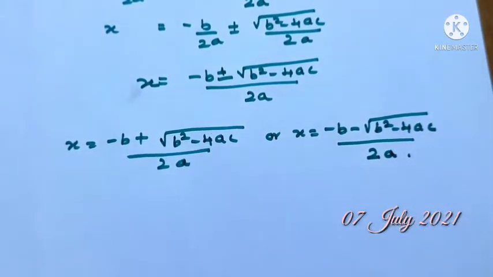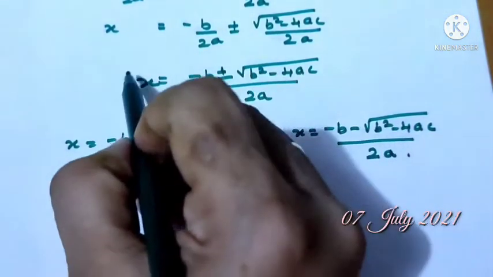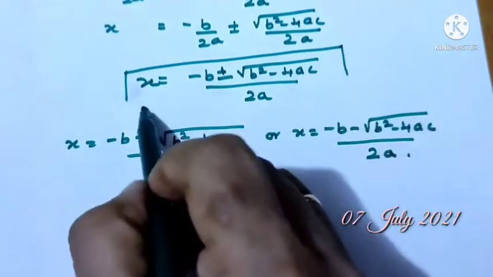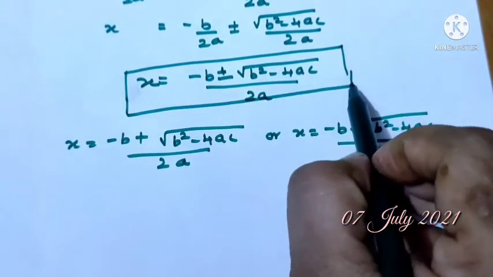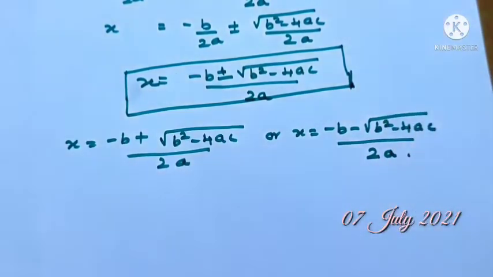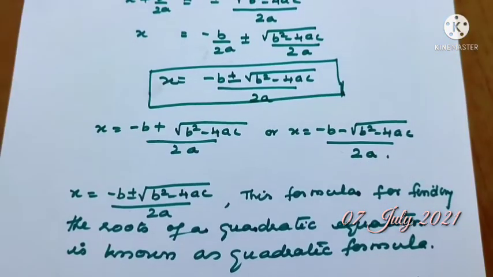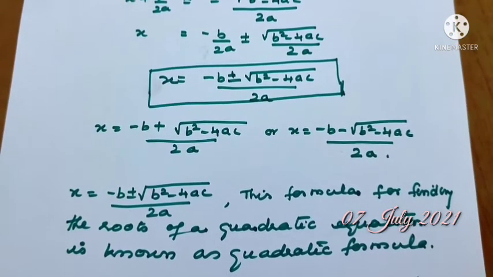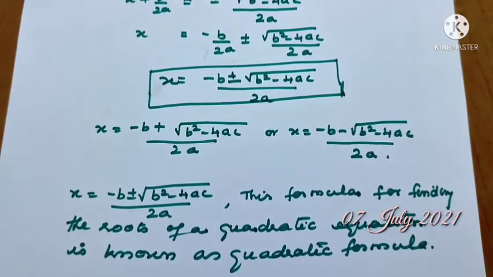So minus b plus or minus root of b square minus 4ac by 2a is called the quadratic formula. This formula is used for finding the roots of the quadratic equation, and it is known as the quadratic formula.